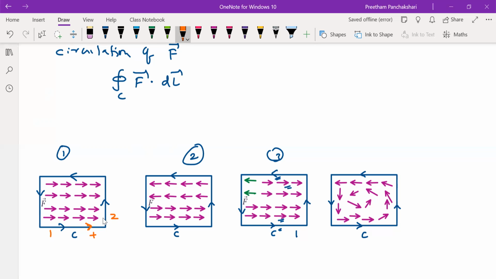After seeing this, we can say that if the angle between the path or the side and the force is 0 degrees, it experiences more force, and at 90 degrees it doesn't experience much force. So we can put this concept as a dot product, which will take care of the direction. So F dot dl is given by F dl cos theta.